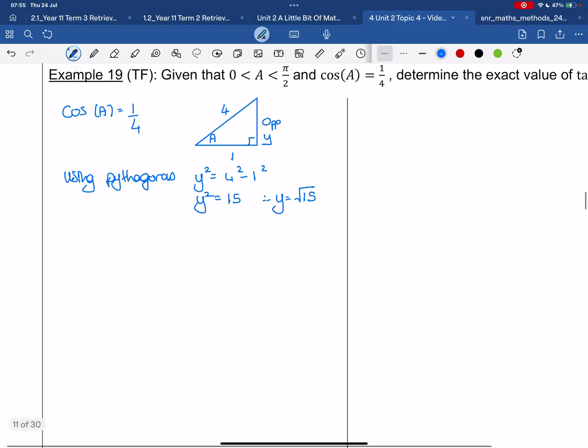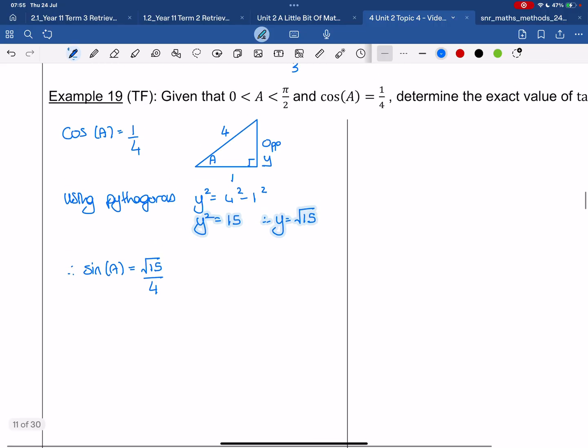And that helps me then to find my sine of a. So I can say, therefore, sine of a will have to be root 15 over 4. And I need to decide, is this going to be a positive or a negative? And I look at my domain.